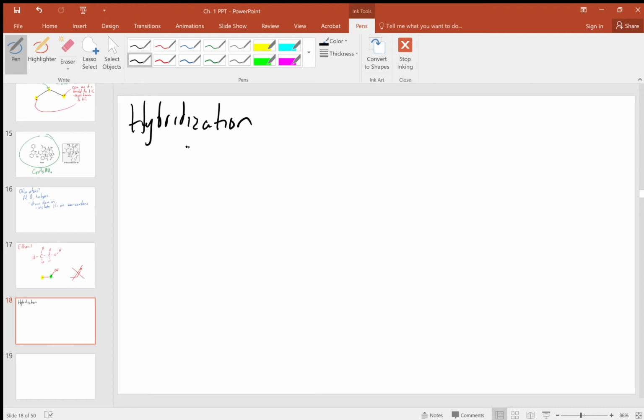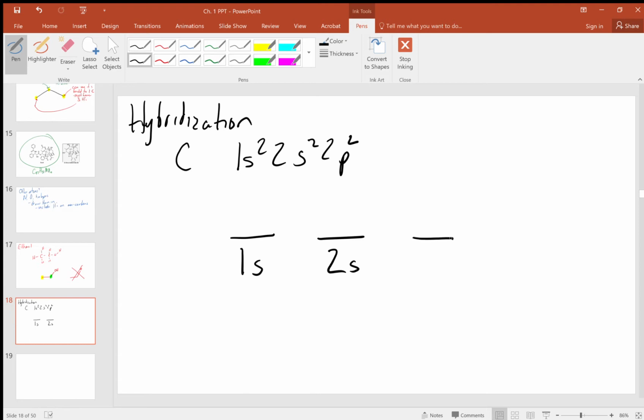So if we think about the electron configuration for carbon, we get 1s2, 2s2, 2p2. And if we draw out an orbital diagram for that, it looks like this. The two electrons in the 1s orbital are paired.